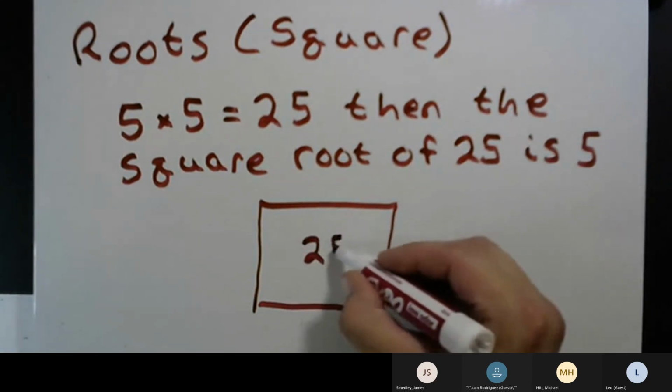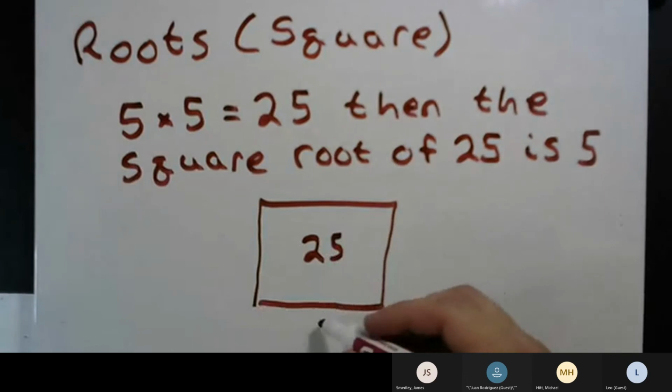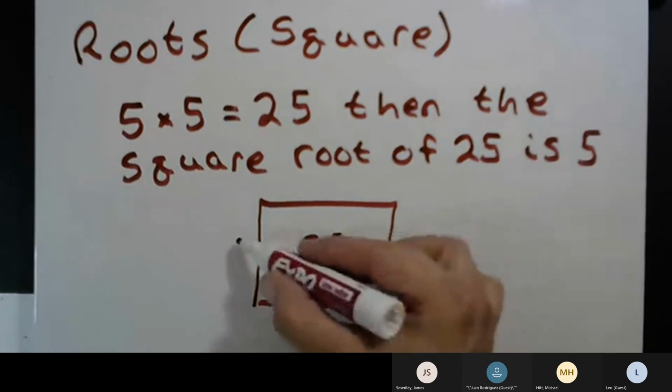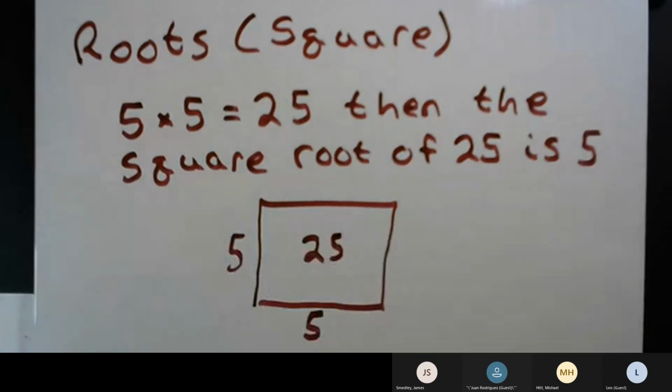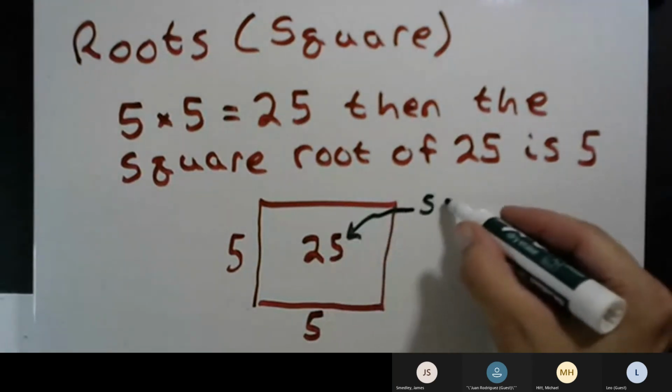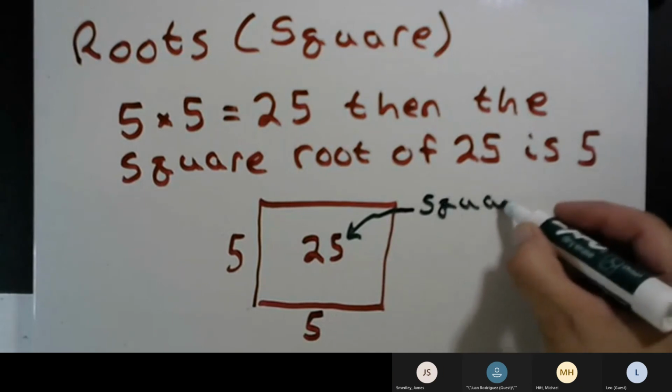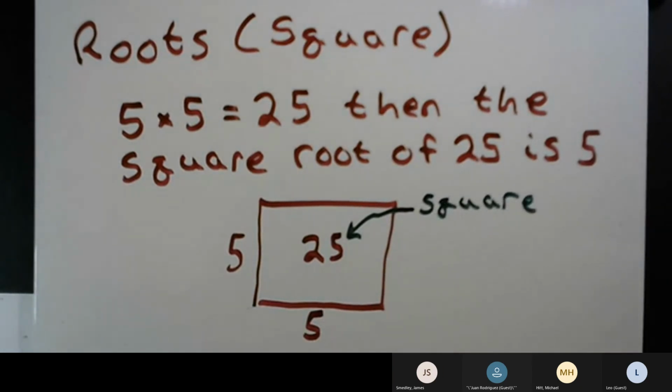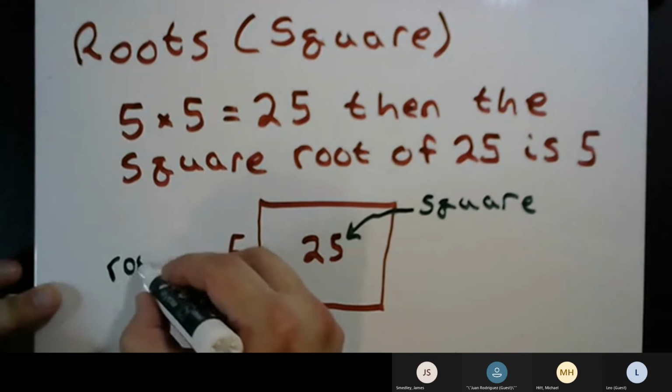So you can think of this in terms of our square again. We're finding the area of a square. So this is the square, and then these will be the roots.